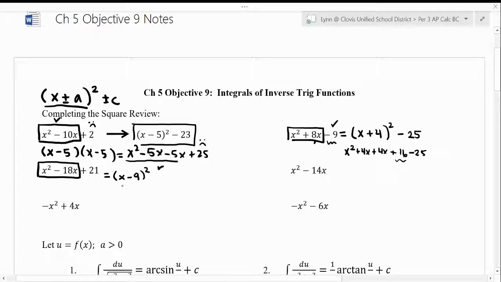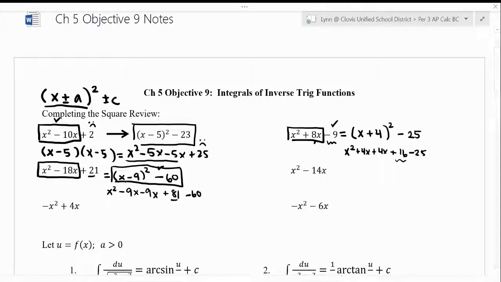If I were to distribute that, I would get x squared minus 9x minus another 9x plus 9 times 9 is 81. 81 is not what I want. 21 is what I want. So I would have to subtract 60 from that to get 21. And so that would be my completing the square piece.